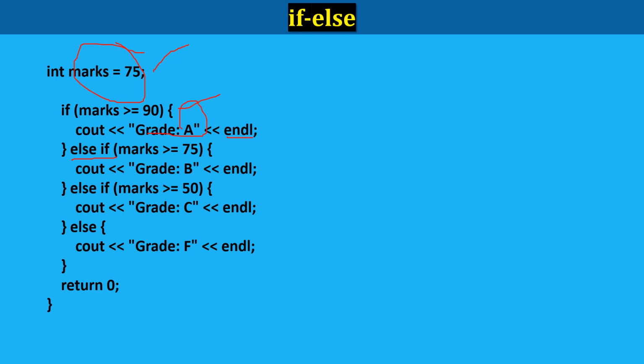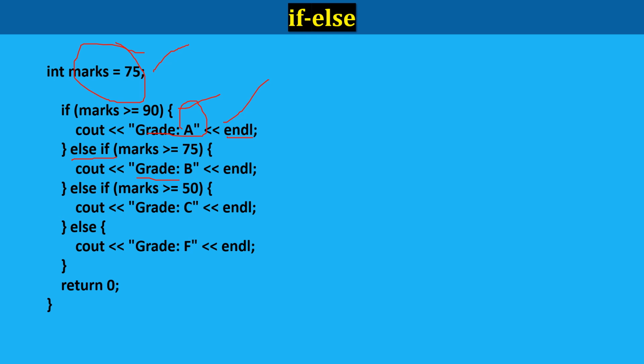If the first condition, marks more than or equal to 90, is false, the else if block checks whether marks is greater than or equal to 75. If true, the program executes the block of code inside the else if.